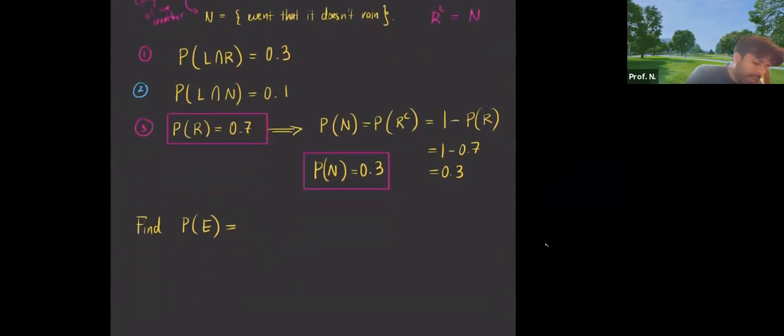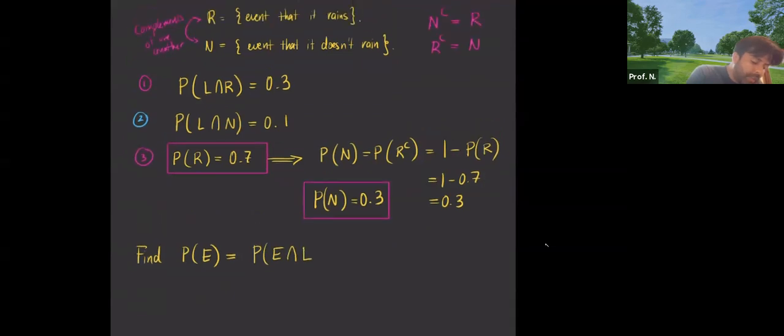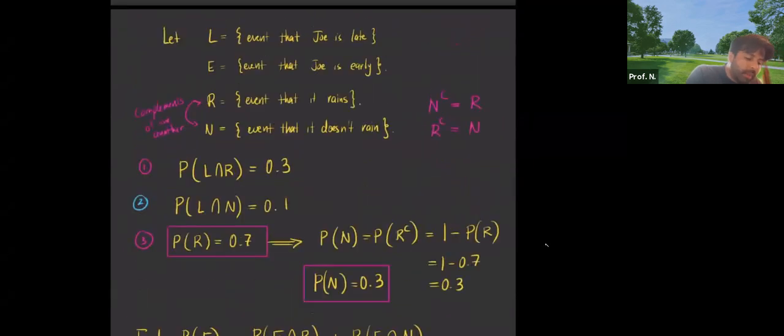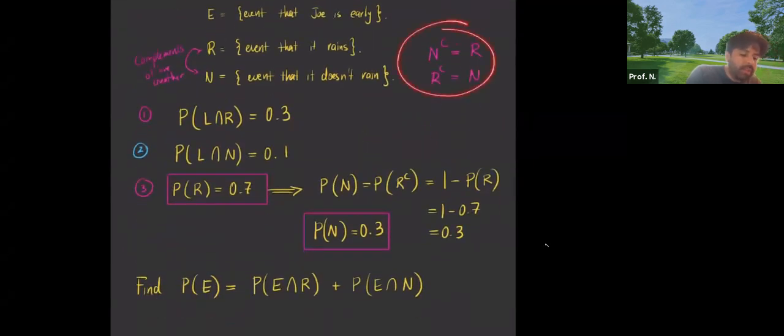I find the probability that he's early intersect that it rains, and then the probability that E intersect that it doesn't rain. Remember, we partition the sample space utilizing mutually exclusive events. If they're complements of one another, they're mutually exclusive.